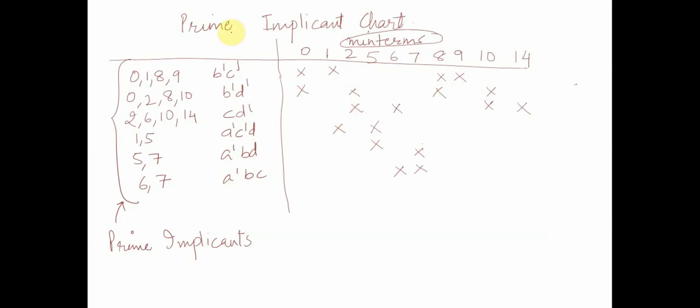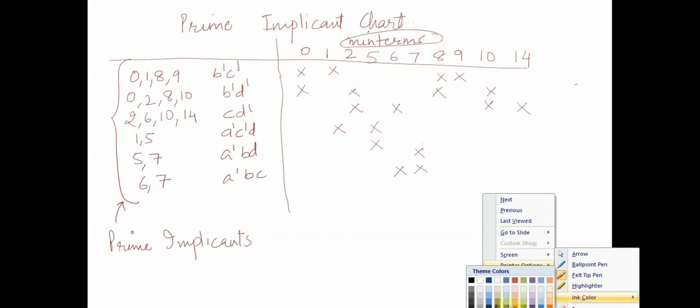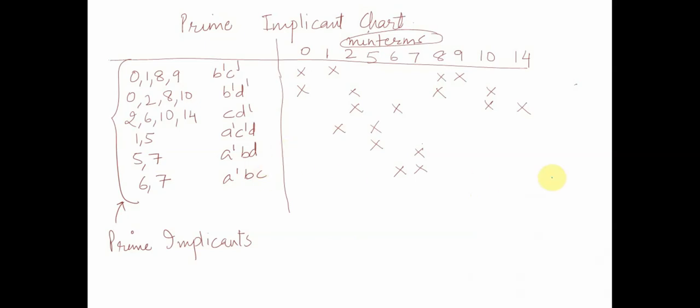If we look at what is covered by a single term, 0 is covered by 2 terms, 1 is covered by 2 terms, and 2, 5, 6, 7, 8, 9 are each covered by 1 term, and 14 is covered by 1 term. This is clear, right?